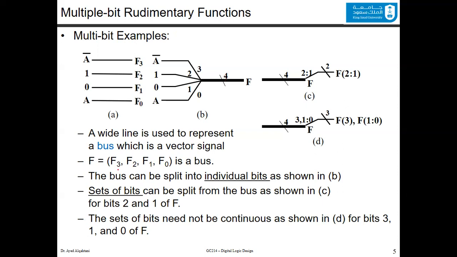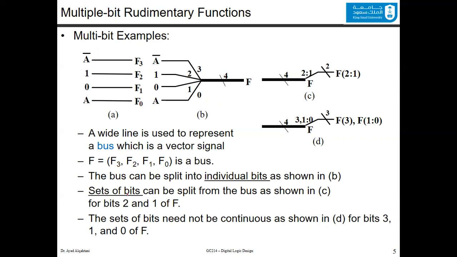So now F is equal to F0, F1, F2, and F3 bundled together in a bus. We call this simply a bus with 4 lines.